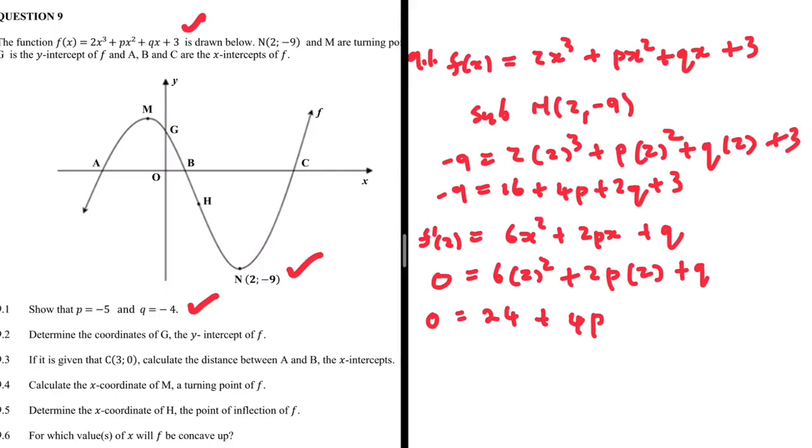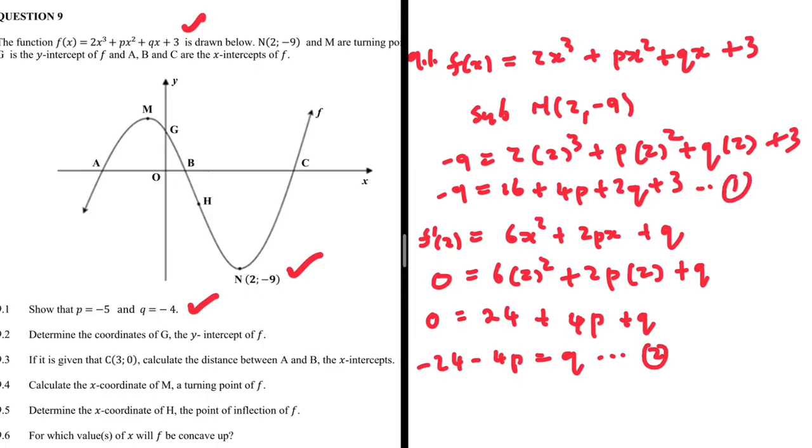There we go. So we can make q the subject of the formula, right? In doing that, we're going to have minus 24 minus 4p being equal to q, right? This is our equation 2 and this is our equation 1.